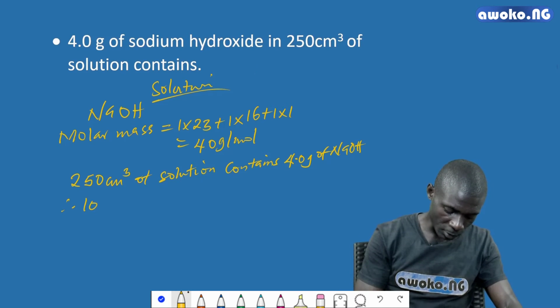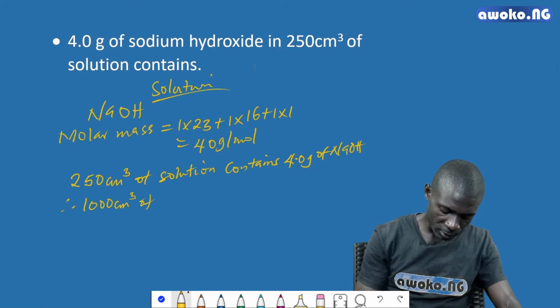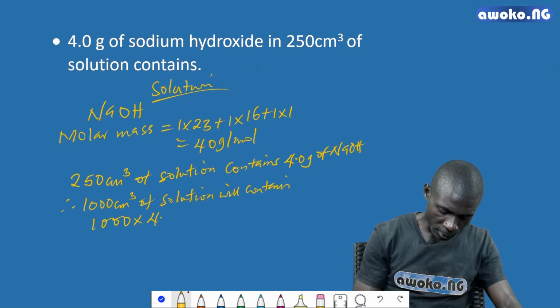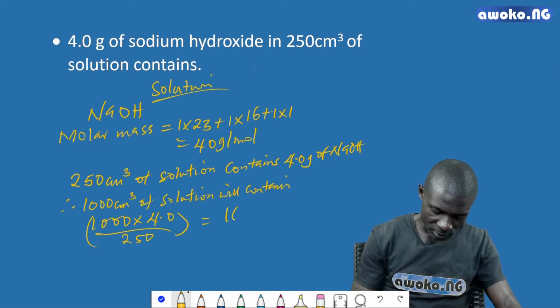Therefore, 1000 cm³ of solution will contain 1000 multiplied by 4.0 divided by 250 cm³. So that gives us 16 grams of sodium hydroxide.